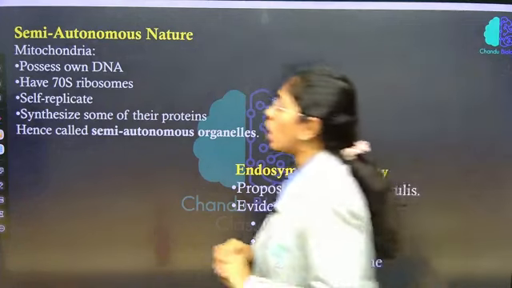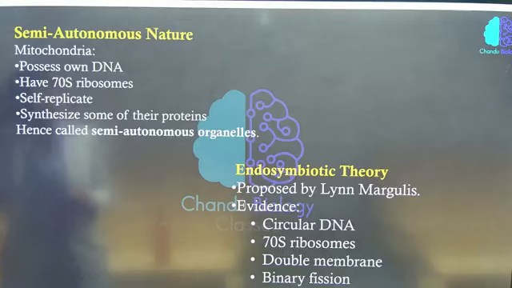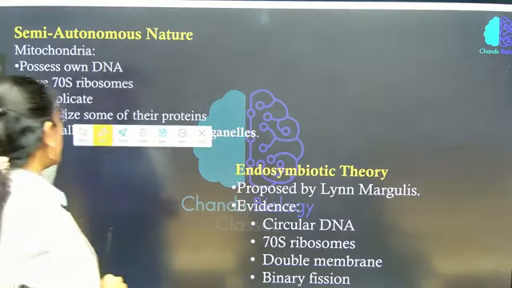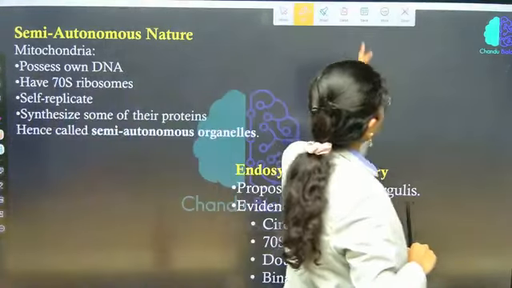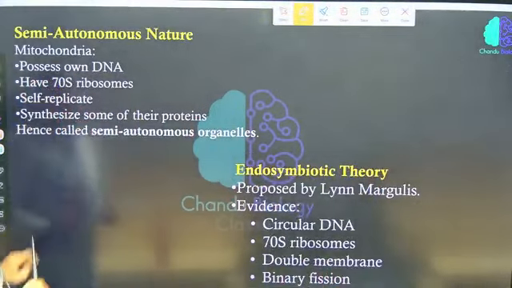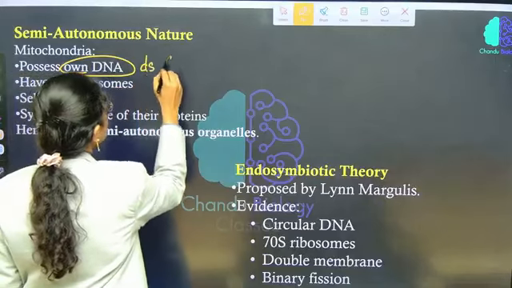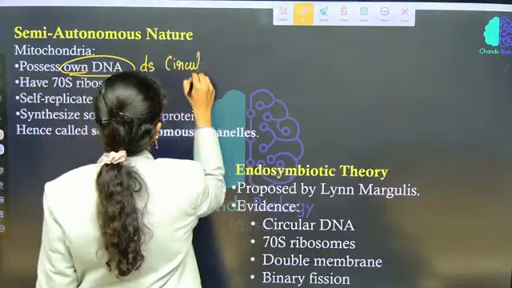Mitochondria is a semi-autonomous organelle. What does semi-autonomous nature mean? It possesses its own DNA, and the DNA is double-stranded circular DNA.